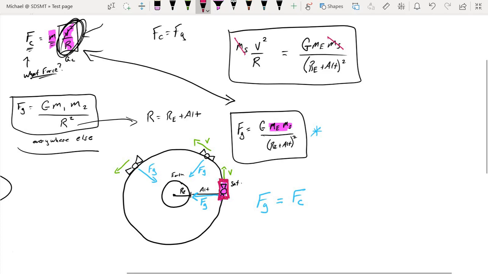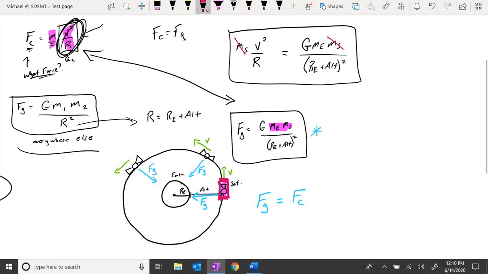I can have a very small satellite, like the first satellite up in orbit, Sputnik, which was only a few kilograms, versus the International Space Station, which is literally tons of material orbiting around the Earth. But whether it's Sputnik or the International Space Station, the mass of the satellite doesn't matter.